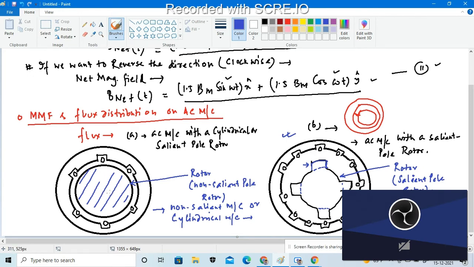The cylindrical rotor or non-salient pole machine is very much easier to understand, because of the easier construction of a cylindrical rotor.